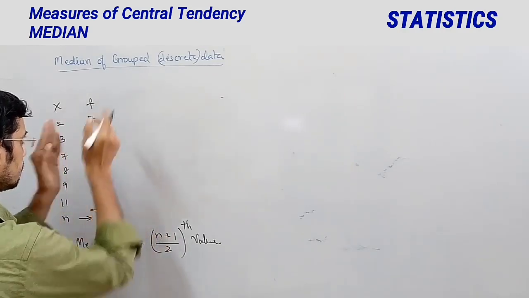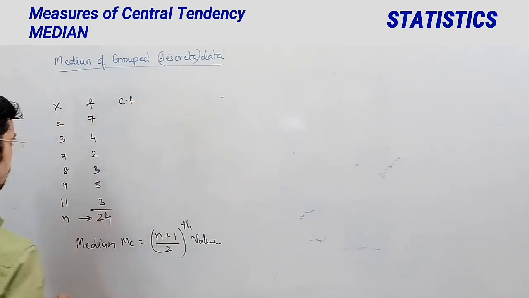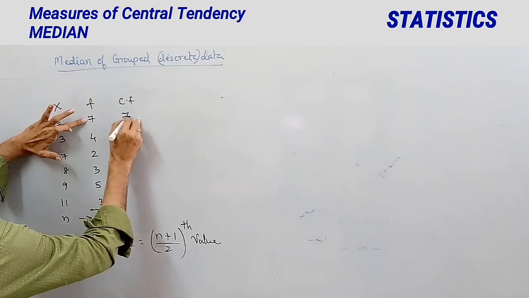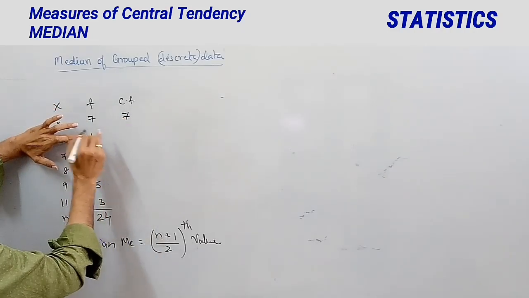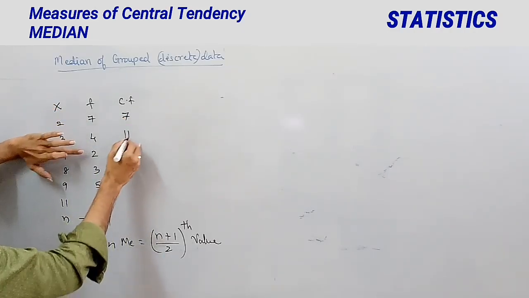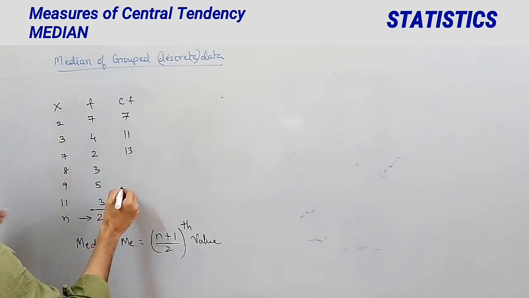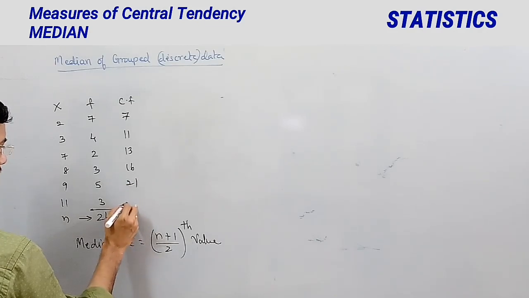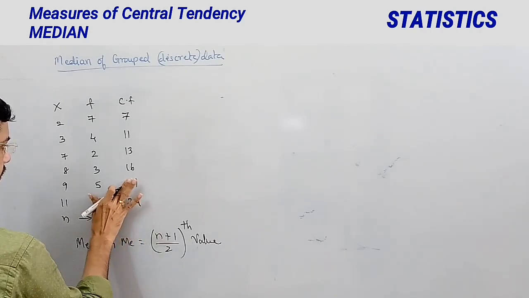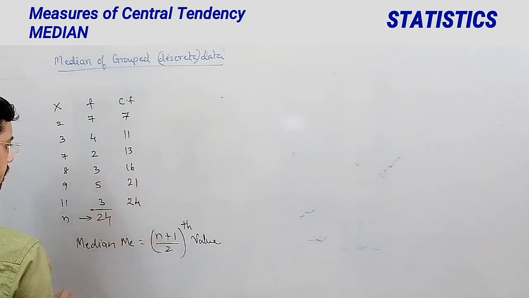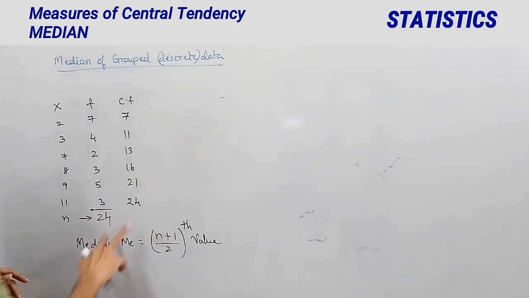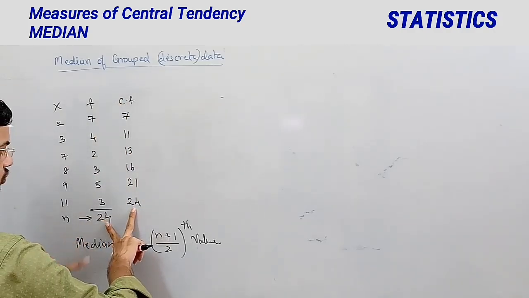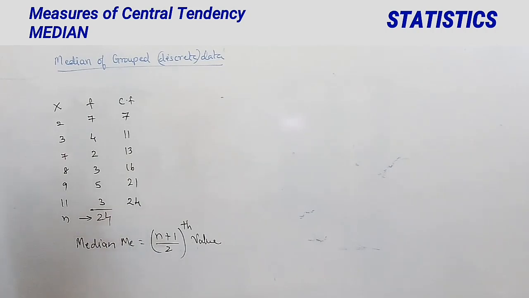We need to find the cumulative frequency CF. So 7 plus 4 is 11, then 12, 13, 14, 15, 16, plus 5 is 21, and then we have 24. This is the less than type CF. We need to check that these two values should be the same.